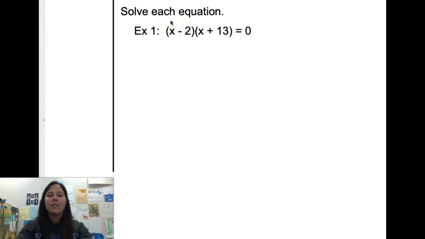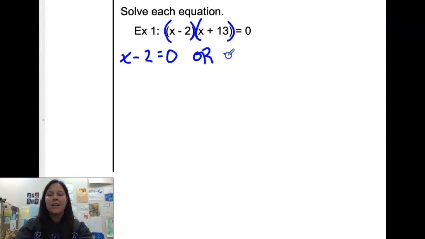Our first example is already in factored form. We have something times something equal to 0. So we set that first something, or the first piece of our equation, equal to 0. Or that second something, that second piece of our equation, could be equal to 0.